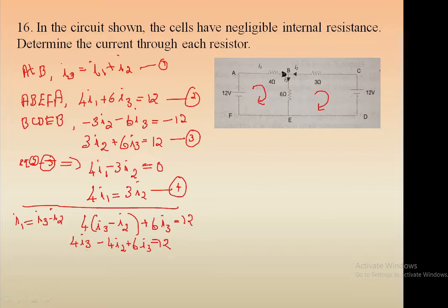So we have negative 4I2, and here 4I3 plus 6I3, so total 10I3 equals 12.